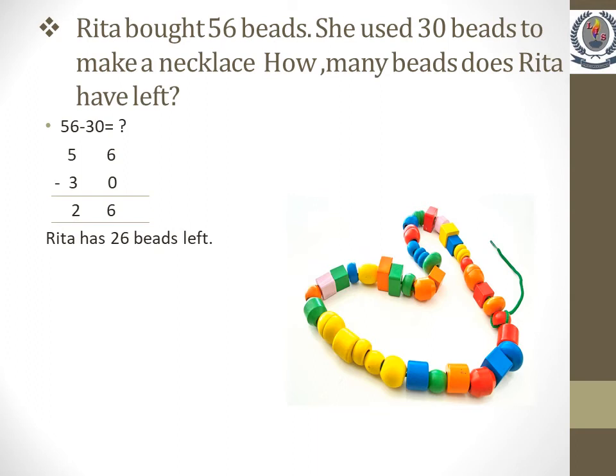When we have more than 9 ones, we can no longer write the ones under the ones column as it is. We have to write 10 ones as 1 ten. This is called regrouping ones into tens and ones.